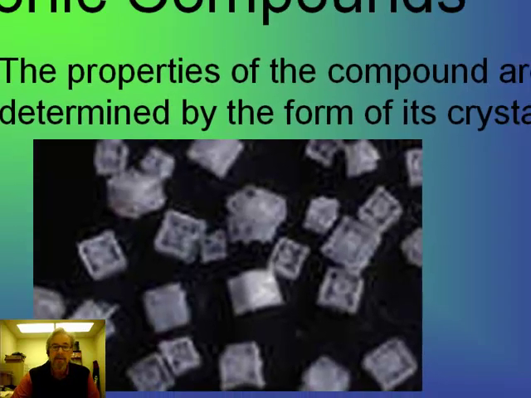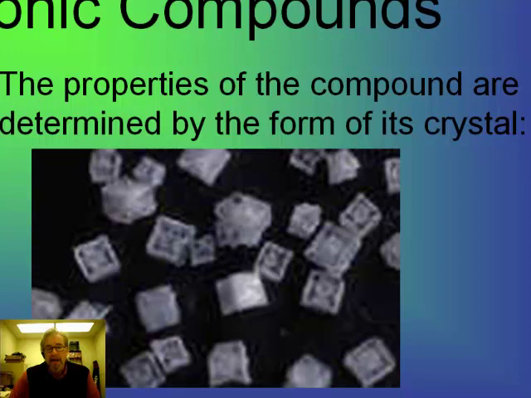The properties of ionic compounds are determined by the exact form of that crystal. And here you can see a photo micrograph, a magnified picture of salt crystals, and they're cubical, just like that crystal is cubical. It's because the ions stack together in precisely one way that these look the way they do.